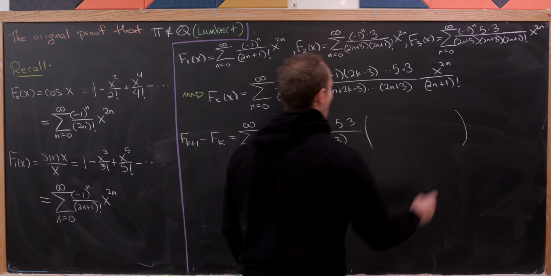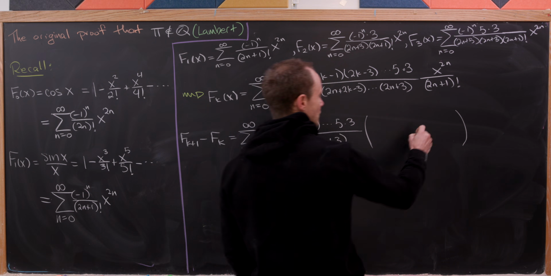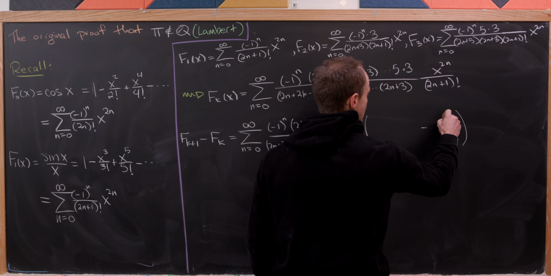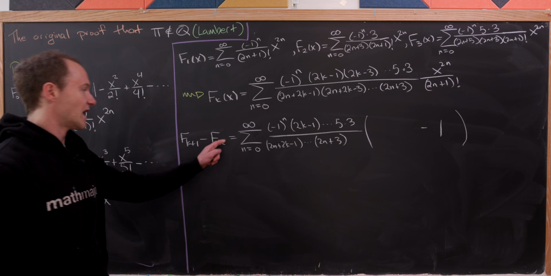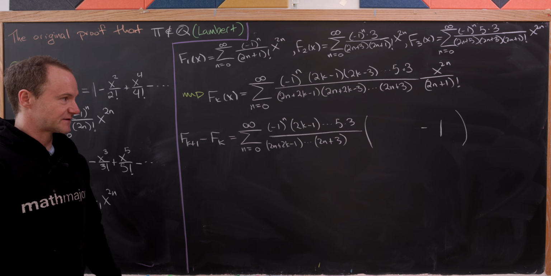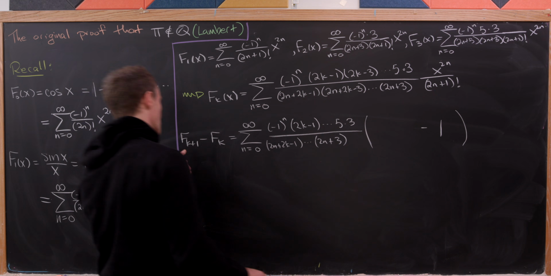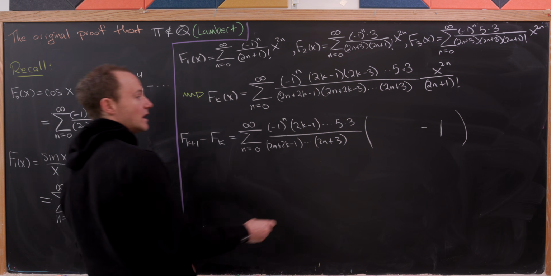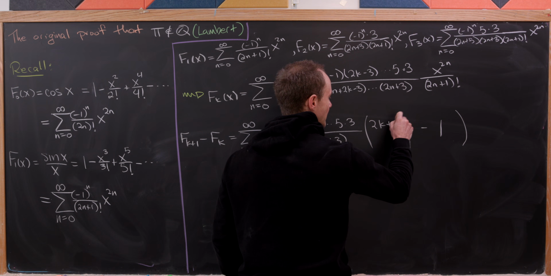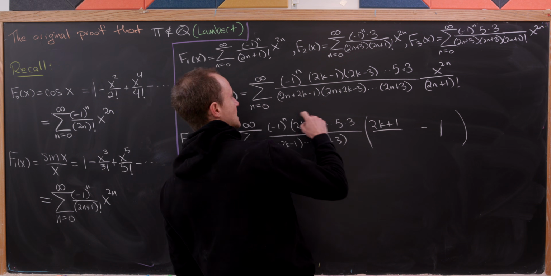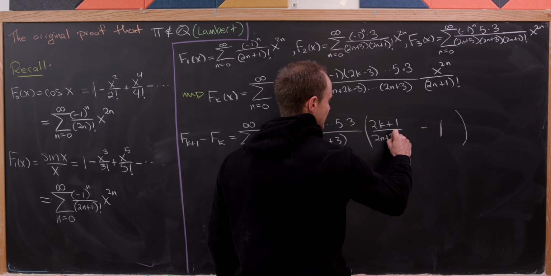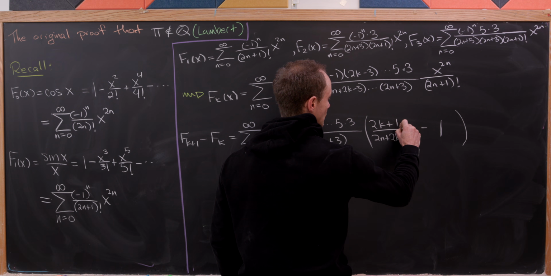Then that's going to be factored out of what? Well, notice that we'll subtract 1 from whatever it's factored out of because this is the coefficient of f sub k. And then what we'll have for the coefficient of f sub k plus 1 will be a 2k plus 1 over, let's see, it'll be a 2n plus 2k plus 1.